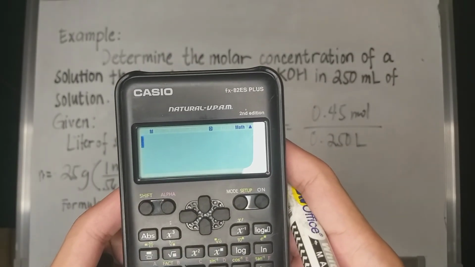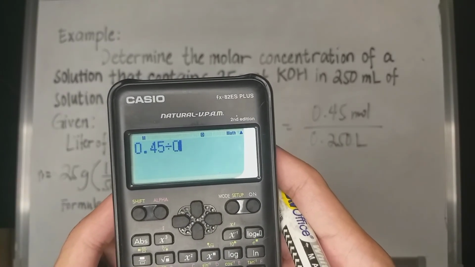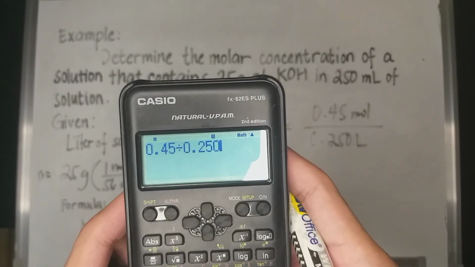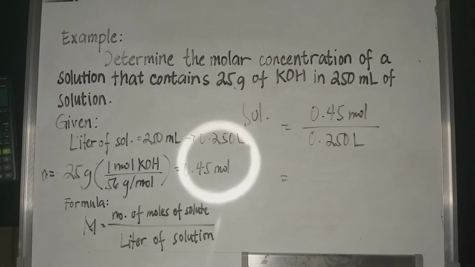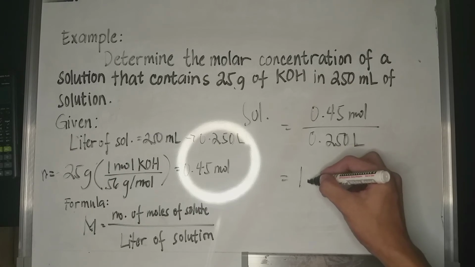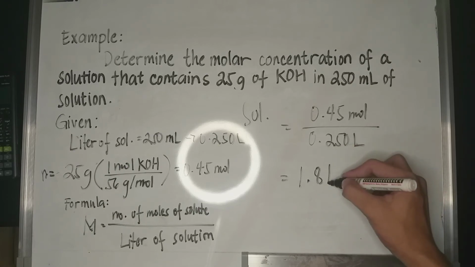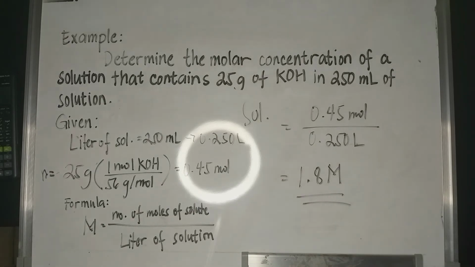So, 0.45 divided by 0.250. Okay, the answer is 1.8. 1.8 molar. So, that's the final answer.